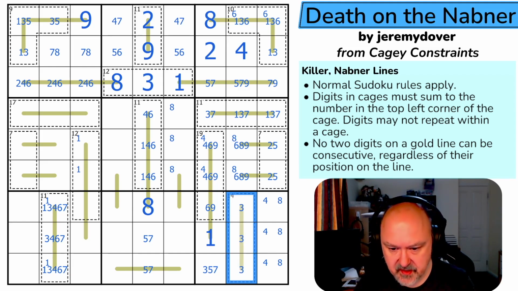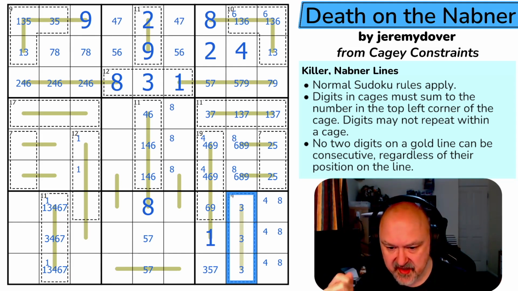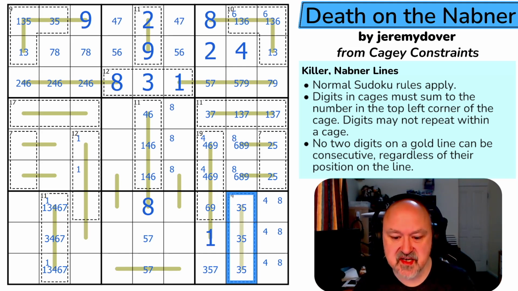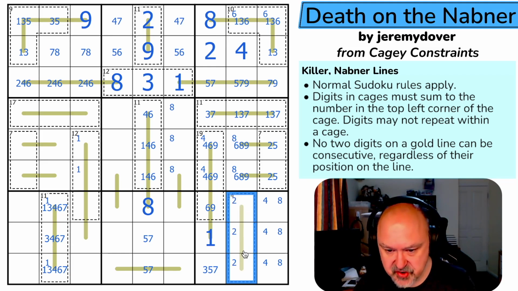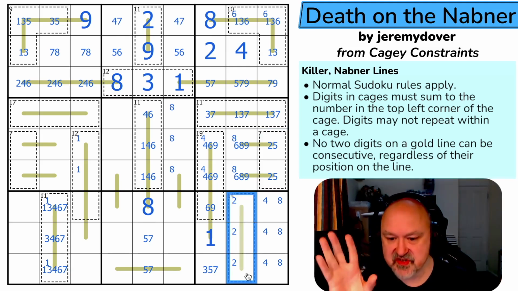I could use a 3, and I'm aware this is me just trying to avoid using the calculator by marking in my head. I couldn't use a 4, I could use a 5, I couldn't use a 6, I couldn't use a 7, so it'd be 3, 5, 8 as a minimum. And that is way above 15. So if I don't use a 2, there was a 2 in here by Sudoku. So that is just dumb. Okay, I could have just jumped straight to that.